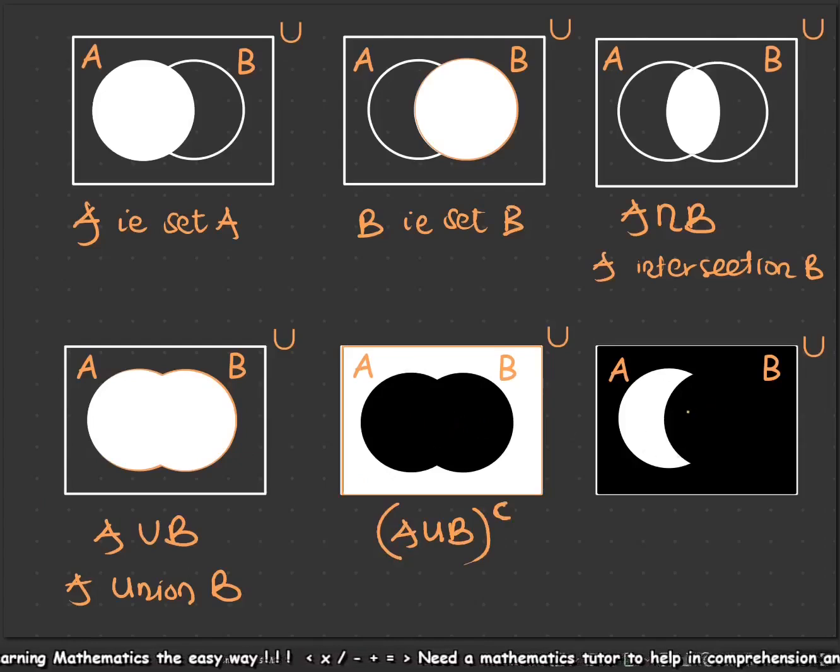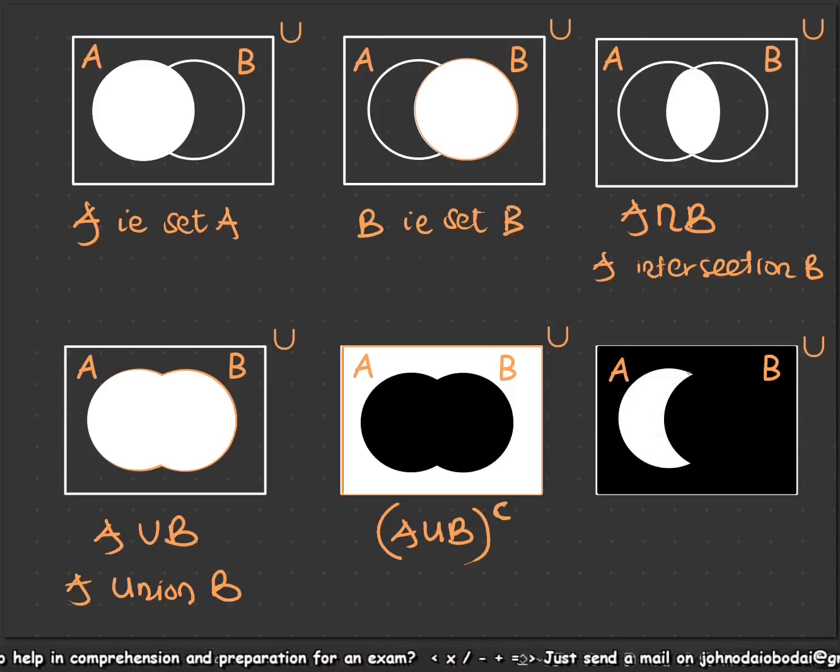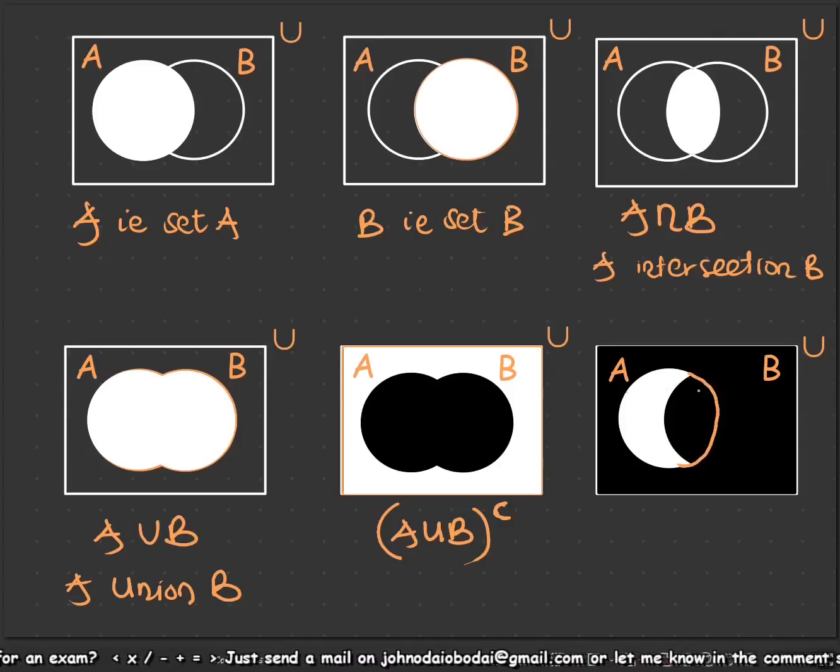Then let's look at this one over here. It is also an interesting case. If you take a critical look at it, our only shaded region is what we have only in A. Originally, A would have been all of this circle. But we know from the intersection that even though A is all of this circle, B forms part of it.